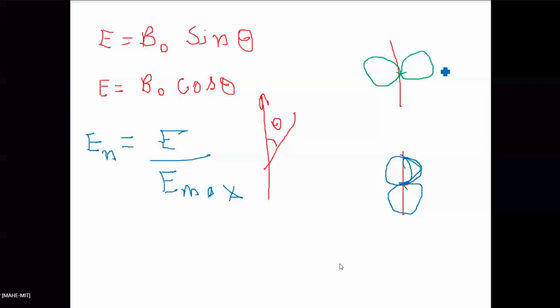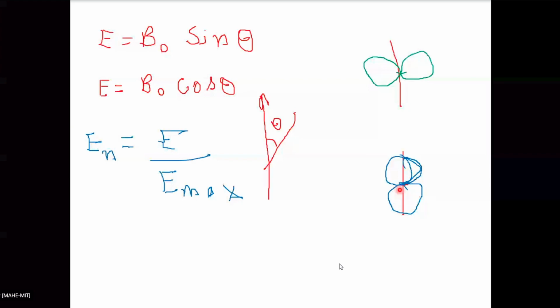In the first plot, the direction of maximum radiation is 90 degrees, because sin 90 is 1, that is maximum. In the second plot, you get maximum at 0 degrees, because cos theta is maximum at 0 degrees.